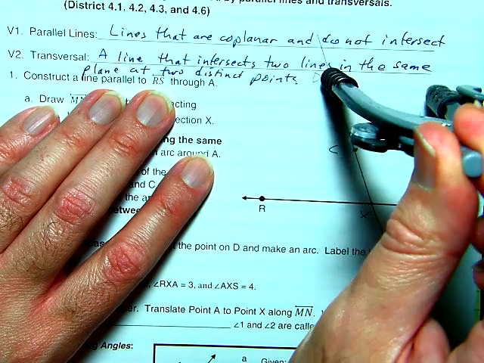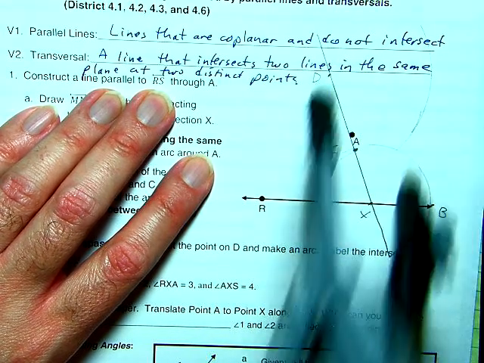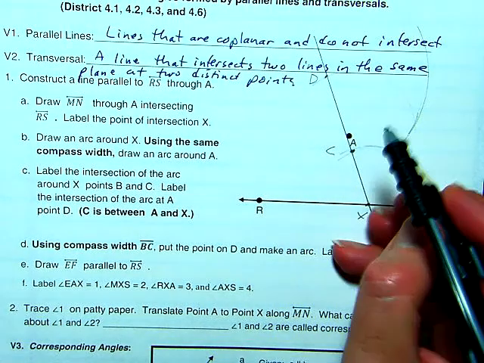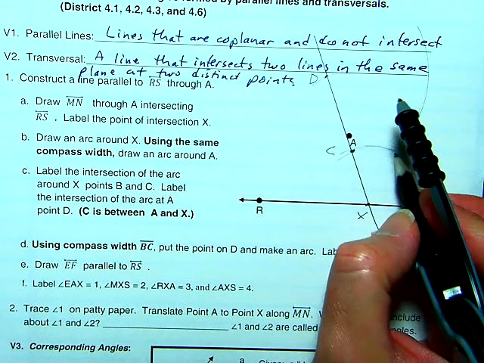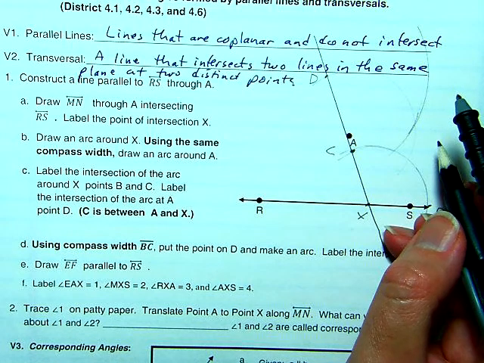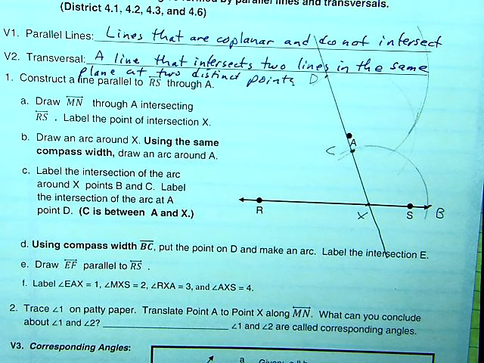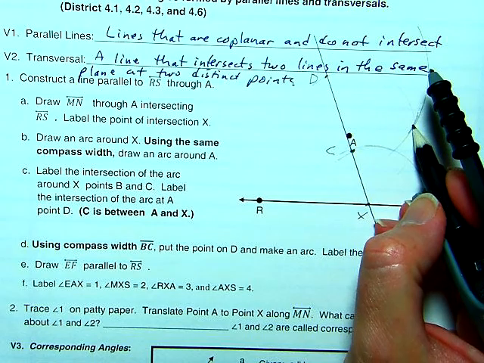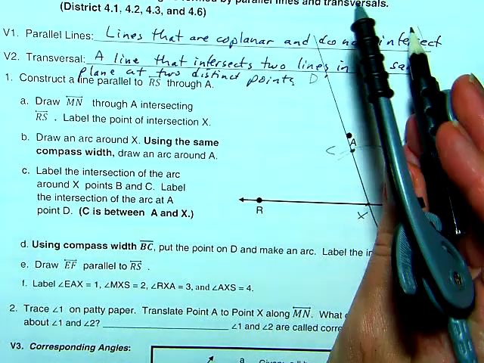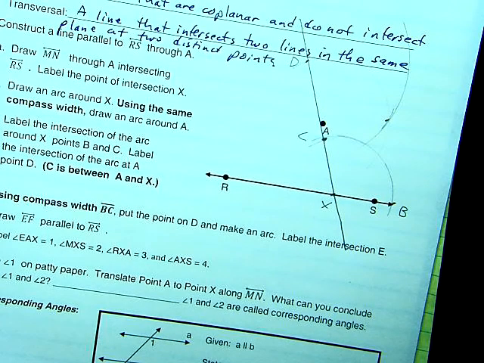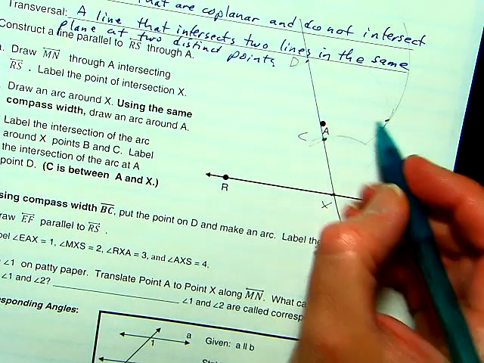So I'm going to go ahead, make an arc here, and you're going to see that the two arcs intersect at about right over there. Okay, so this is the arc around D, this is the arc around C, and this is intersection point E.